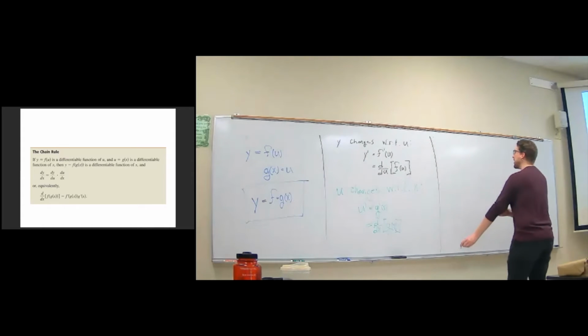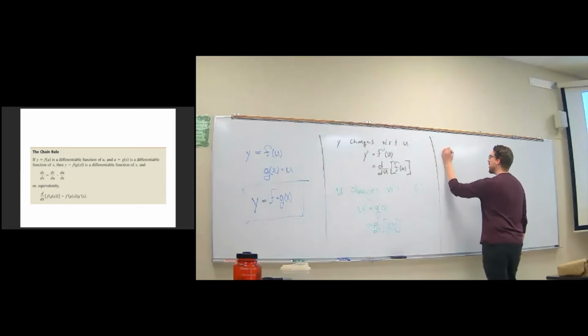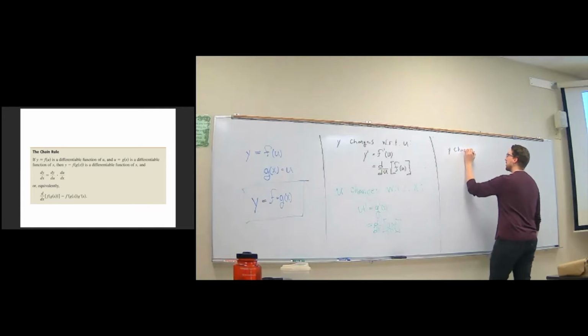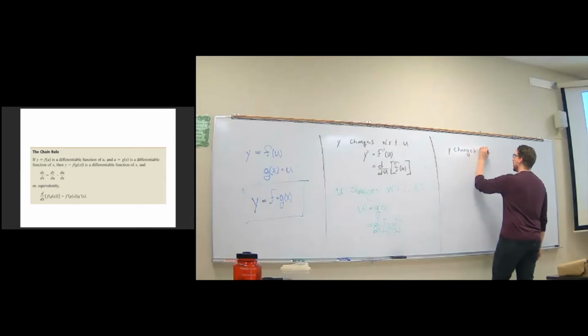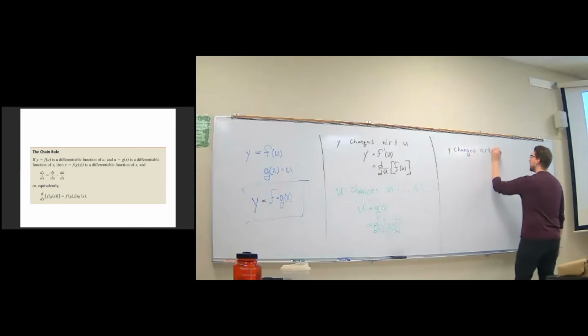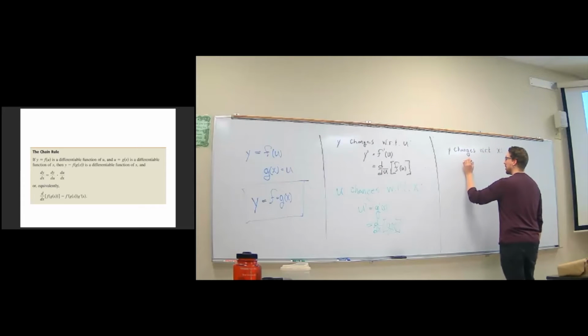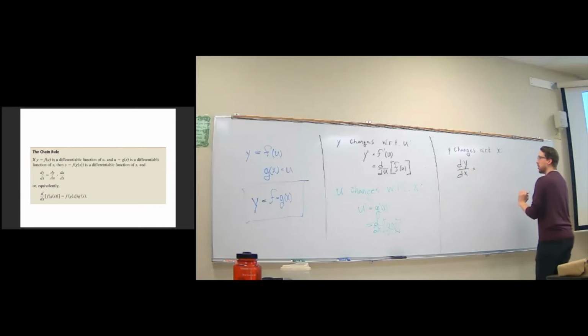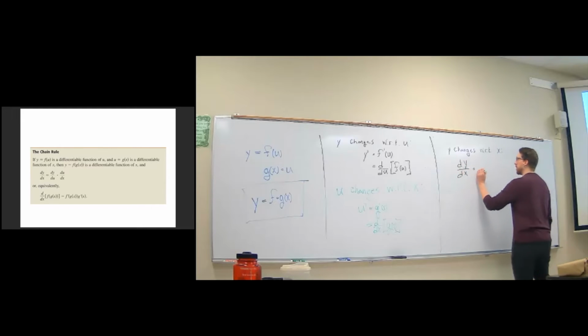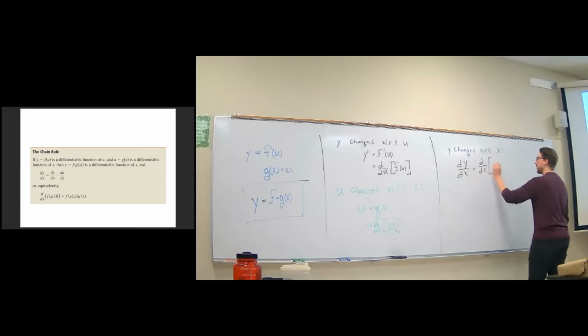What the chain rule says is that to figure out how y changes with respect to x, well, that's going to be d/dx of f composed with g of x.